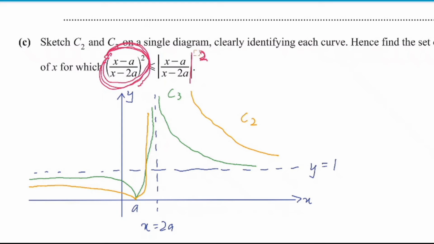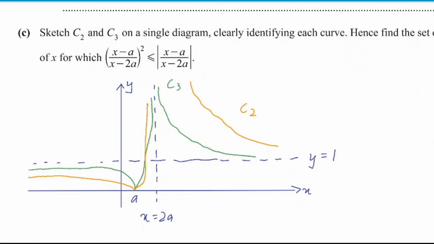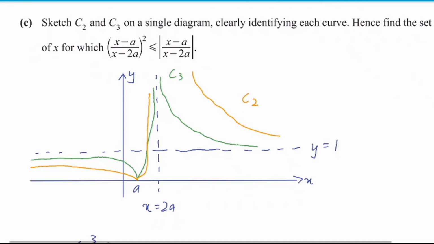So if you draw the C3 curve here, it's easier for us to draw C2, because we just need to square whatever we have in C3. For instance, this is our C3, and when we square the values for this one, it gives us C2. So you can see C2 for this part here is higher than C3, because we are squaring those values from C3.